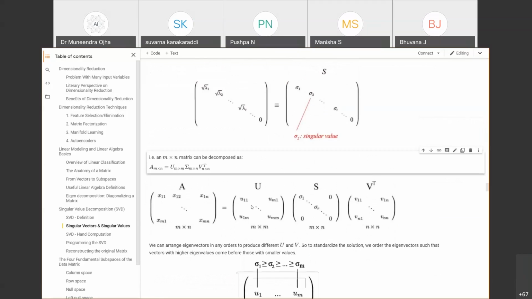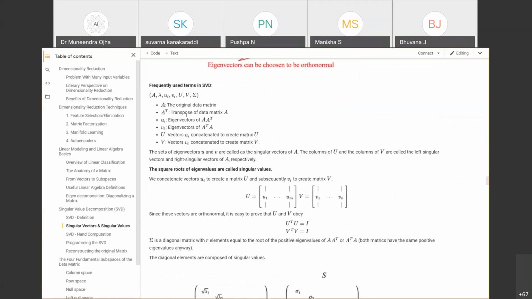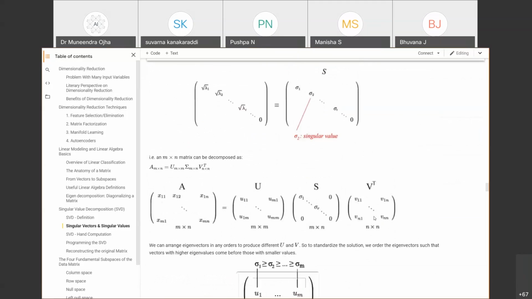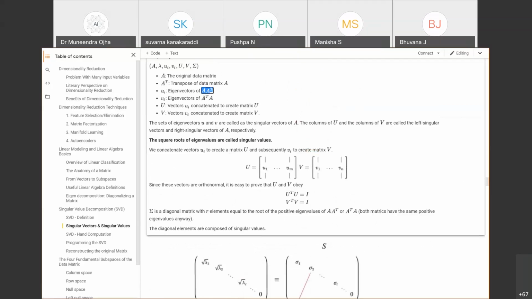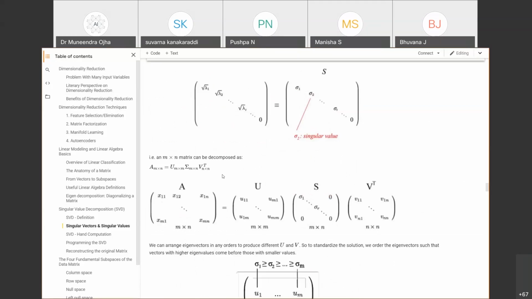We obtain U from the matrix AAT, and we obtain V from the matrix ATA. Everything is being created from matrix A only. So matrix A's data points are being broken into three sub matrices: U, sigma, and V transpose.